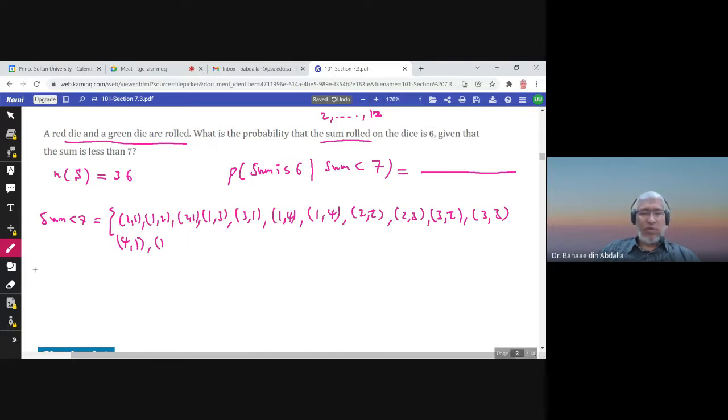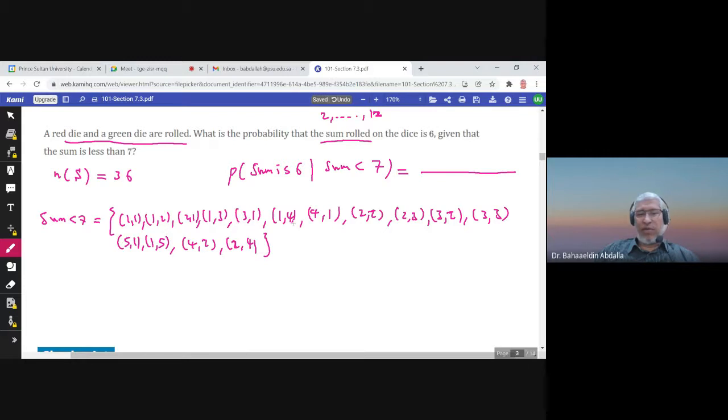Those are already there. So 5, 1, 1, 5. And what else? What about 4, 2? Yeah, because less than 7. 4, 2, and 2, 4. So these are all the outcomes with sum less than 7.